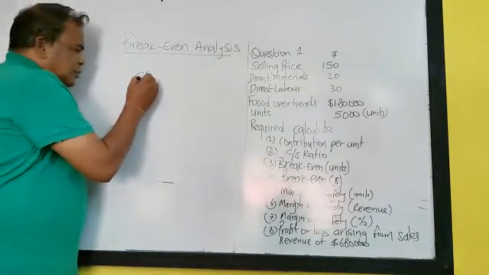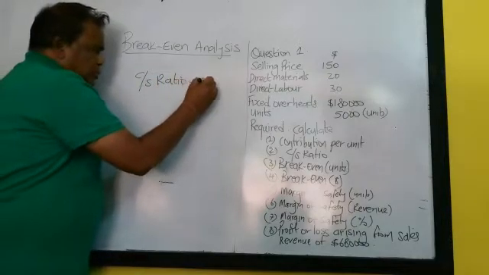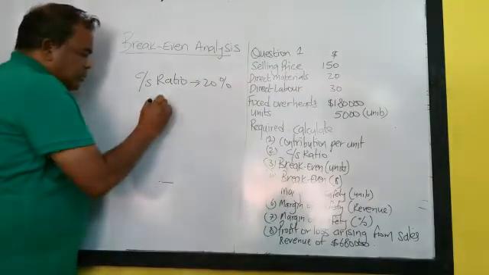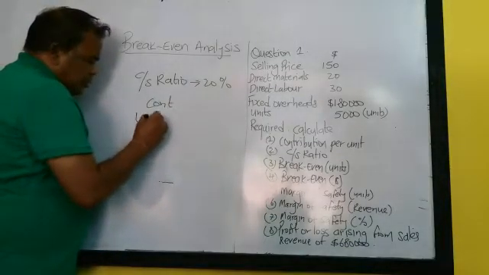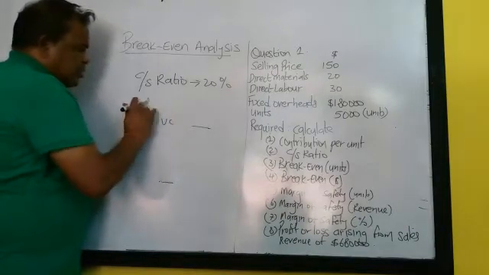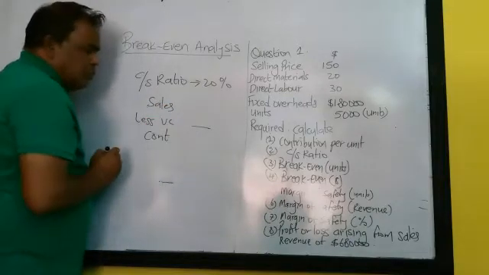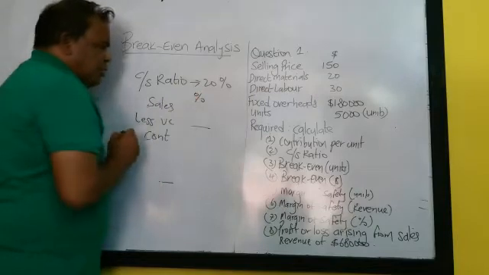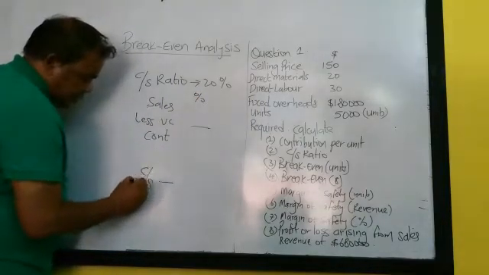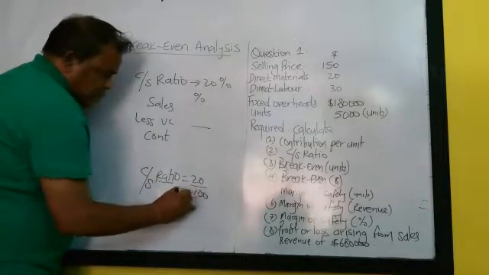CS ratio 20%. What does it mean? It means that sales less variable cost is equal to contribution, and we represent this in terms of percentage. CS ratio 20% means contribution over sales is 20%.